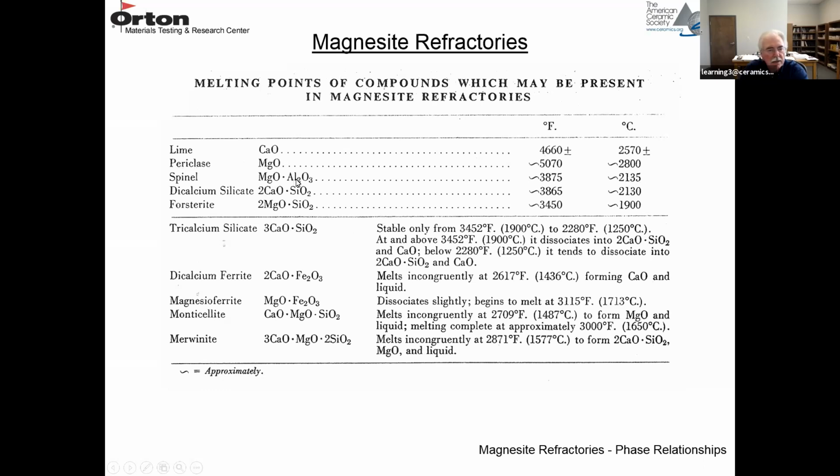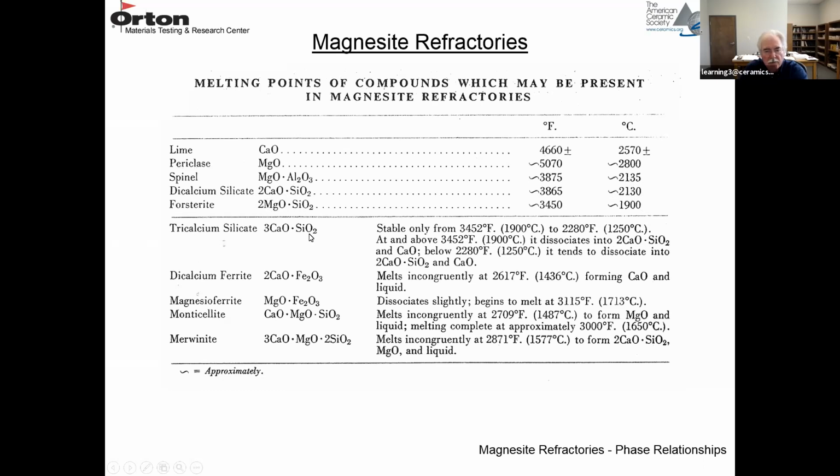We'll discuss that later this morning. Dicalcium silicate is 2130 degrees. And forsterite, which is another basic refractory we'll discuss later this morning, 2MgO·SiO2, is 1900 C. So those are all high temperature materials.